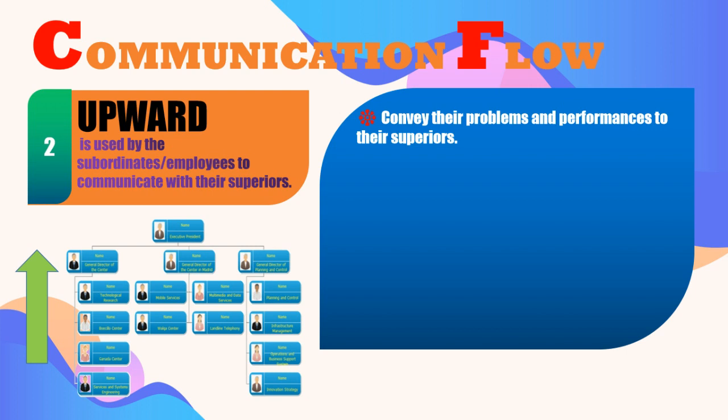What are the purposes why the employees or subordinates at the lower levels are communicating with their superiors? They are communicating because they want to convey their problems and performances to their superiors.